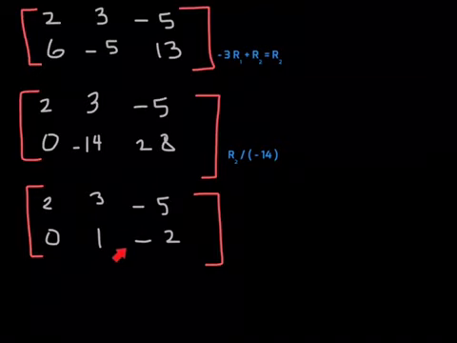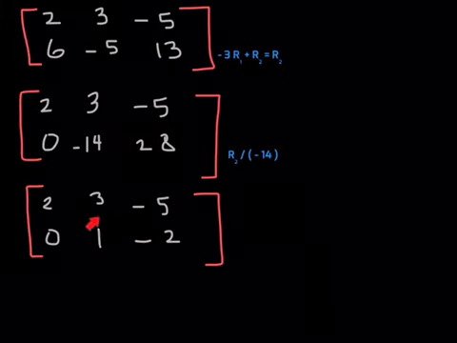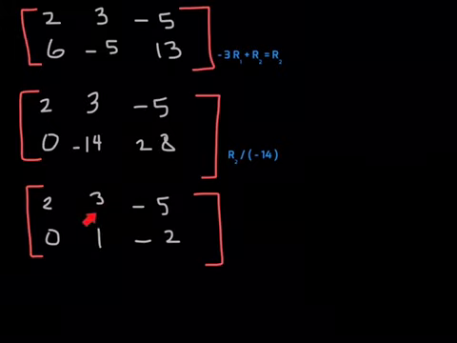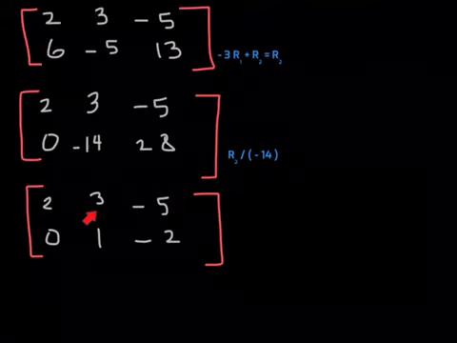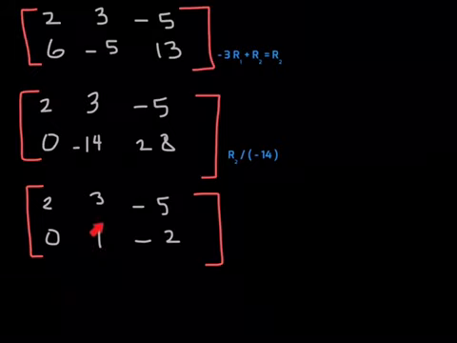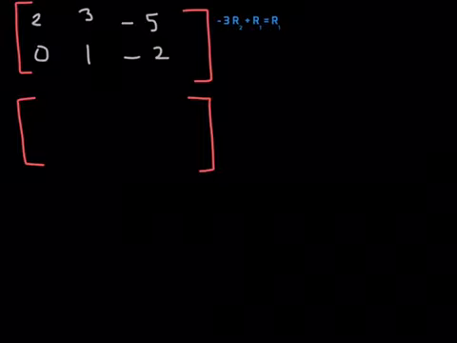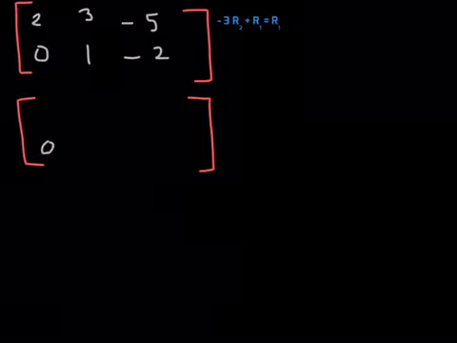All right, I need to get my first row in order here. So what I'm going to do is focus my attention on this 3. I need this entry to be a 0. I can get it to be a 0 if I multiply the second row by negative 3 and add it to row number 1. All right, what I'm not changing is row number 2, so let me fix that in here. Okay, very good. All right, here we go.